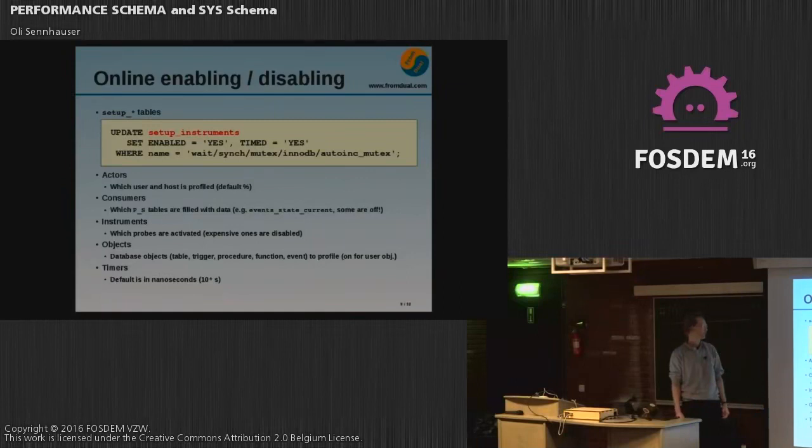You have to look at which ones are enabled or disabled. Instruments, those are the probes in the database, and they are activated if they are not so expensive. If you want to know the expensive ones, you have to activate them yourself. For example, this auto-increment mutex will be instrumented on every insert and every auto-increment. So it could be that this is an expensive one, so MySQL has disabled it by default.